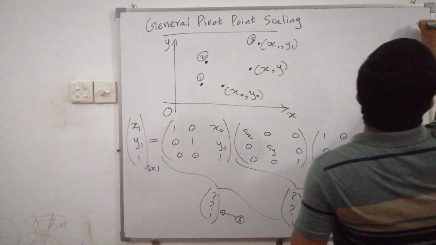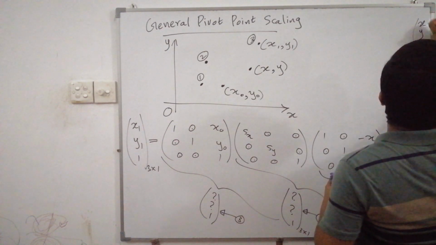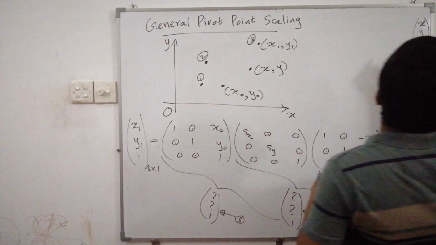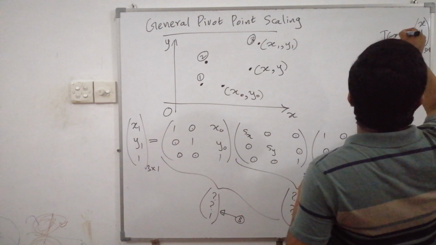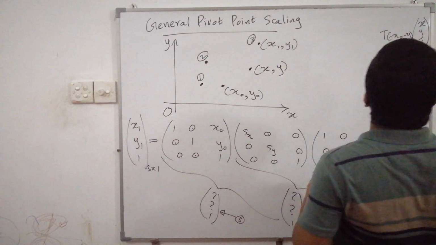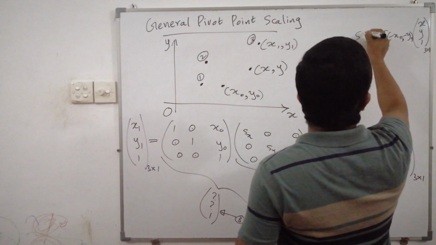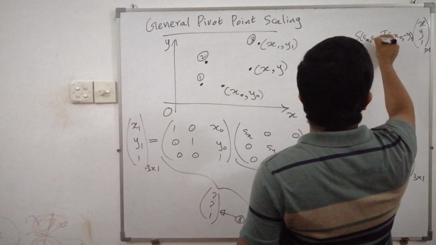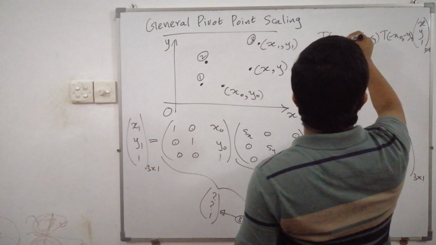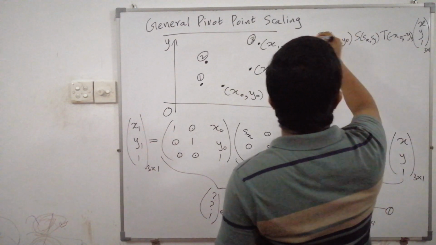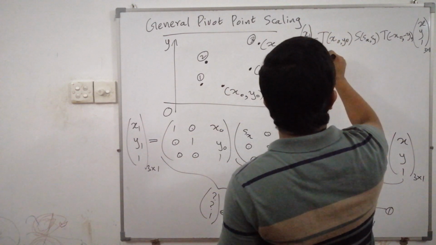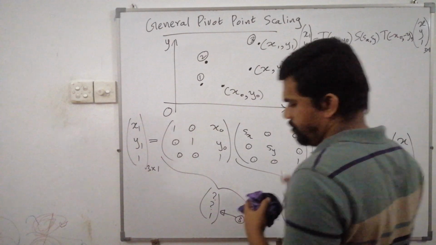We had the point x, y. First we translated it to the origin, then we scaled it with respect to the origin, and then we retranslated, and finally we got x1 y1 1, a 3 cross 1 matrix. This is what we did here.